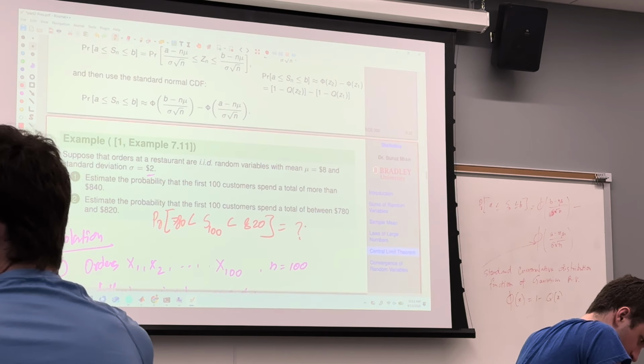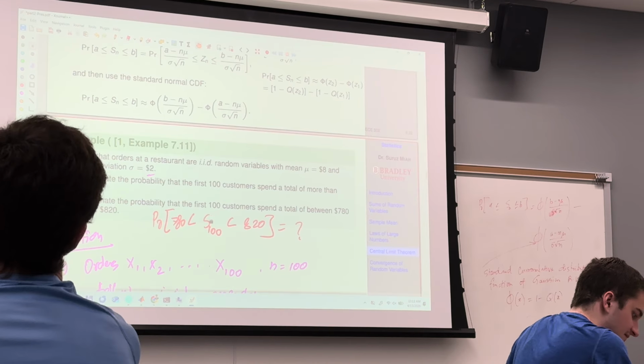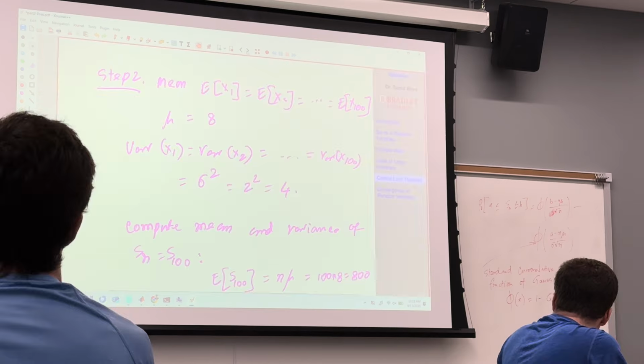So now what you do, again, you will have to use the Q table because in the exam you will not have a computer.